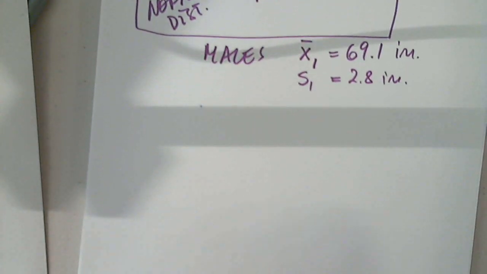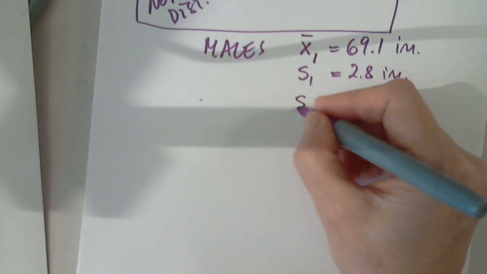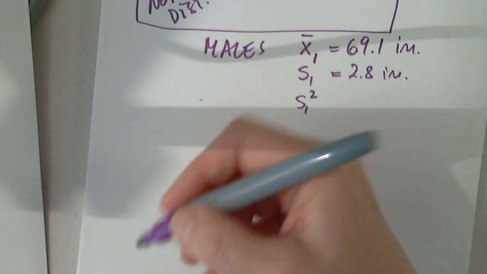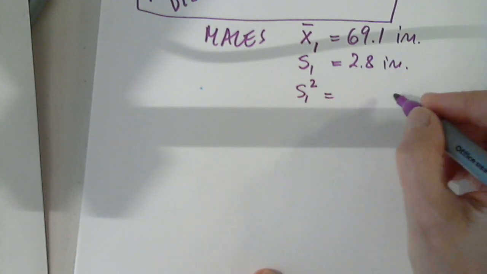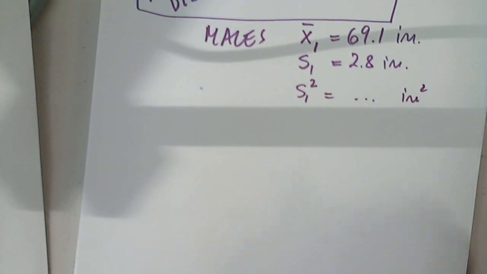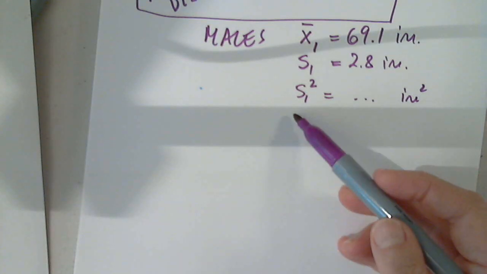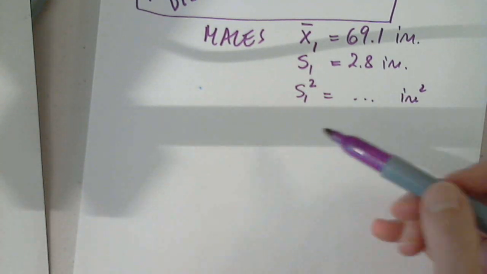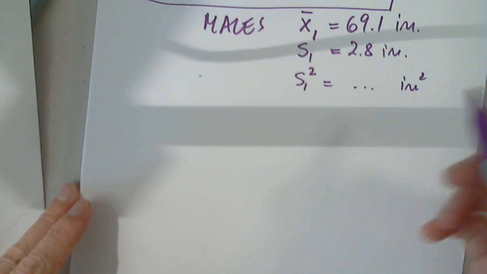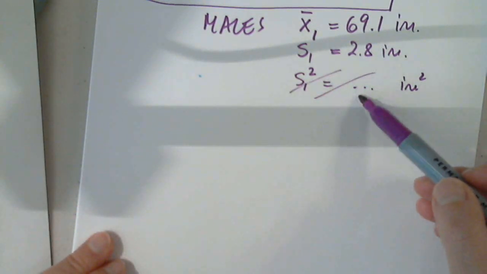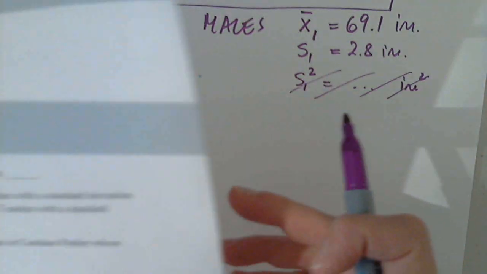If I write S1 squared, because it's for males and we have to compare, then I will get inches squared. Who cares about this? How can somebody's height, when I square it, mean anything for us? We're not talking about surface here. So we're not going to use the variance.